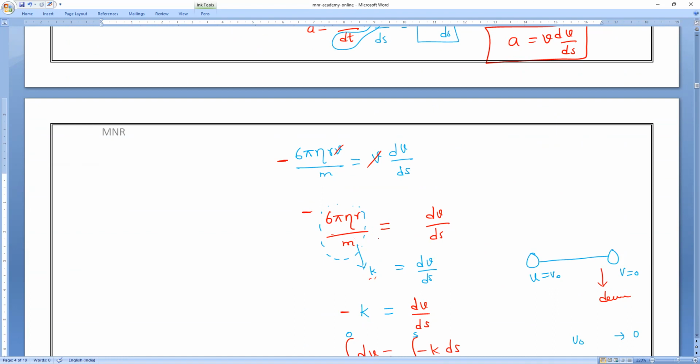So then what is happening, everybody? Minus k is equal to dv by ds. Then if you integrate it over, clear, everybody?